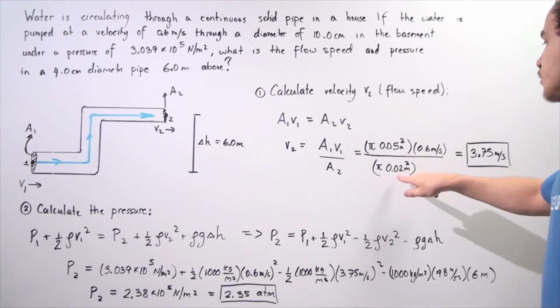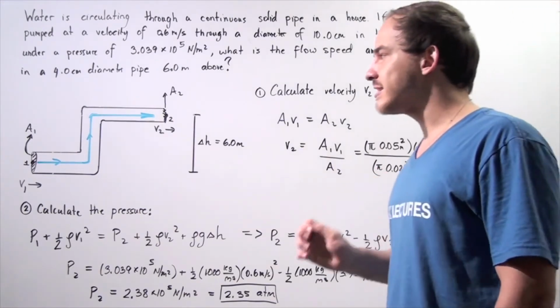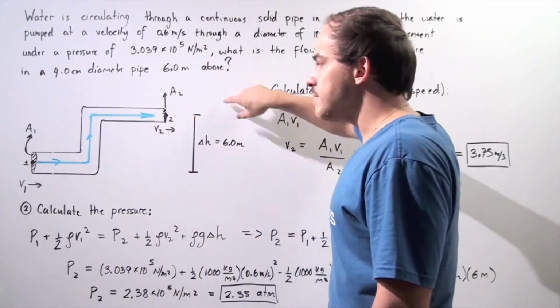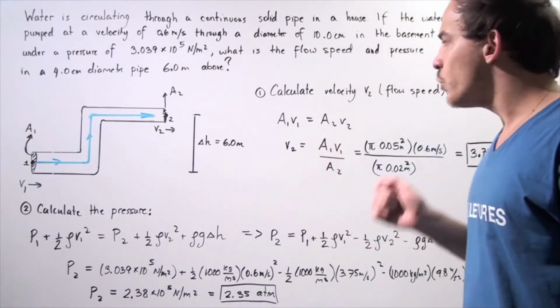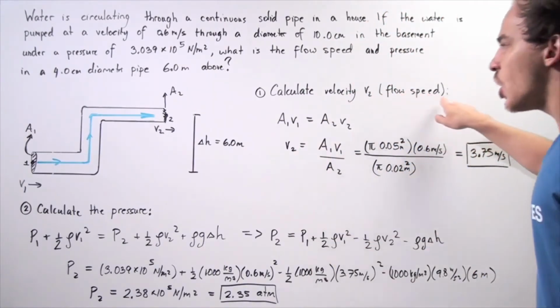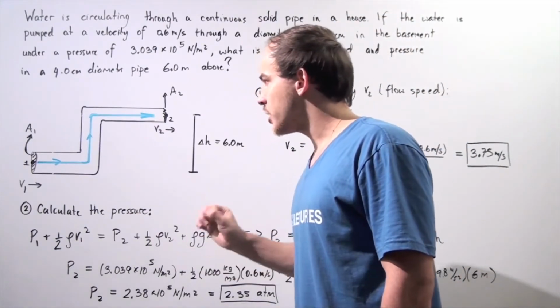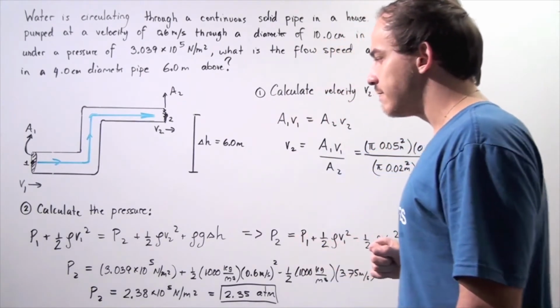So 0.02 meters squared multiplied by pi, and we get 3.75 meters per second is our velocity of the fluid in the section of the pipe 6 meters above our basement. Now, in part 2, we want to use this flow speed V2 to calculate the actual pressure in our pipe 6 meters above the basement level.